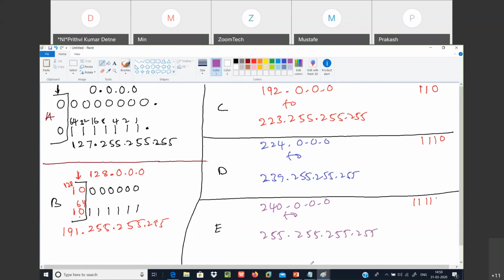These are the class A, class B, class C, class D, and class E ranges. Okay.